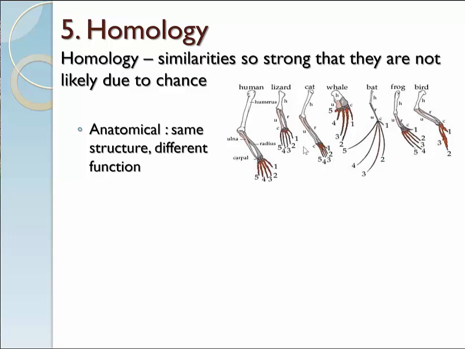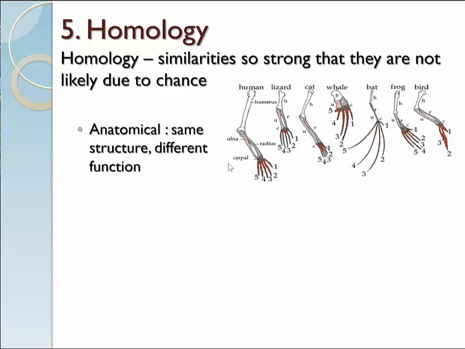Humans use them for reaching and manipulating objects, lizards and cats for walking, whales for swimming, bats and birds for flying, and frogs for jumping. So it's the same structure, but with different functions. This is a similarity between these different species that's so strong that it's not likely due to chance.